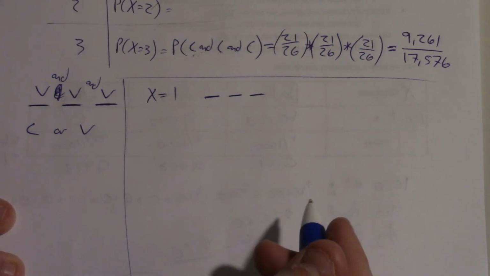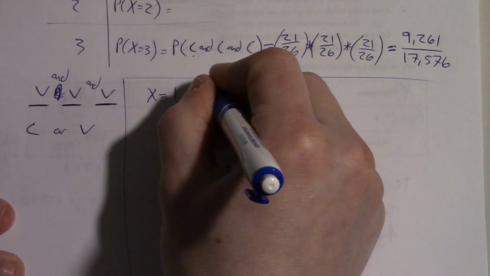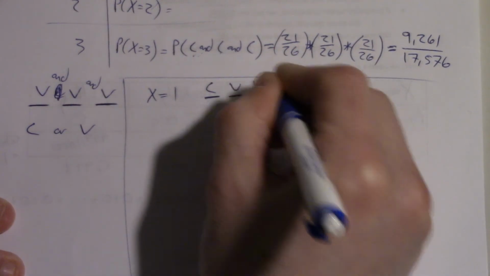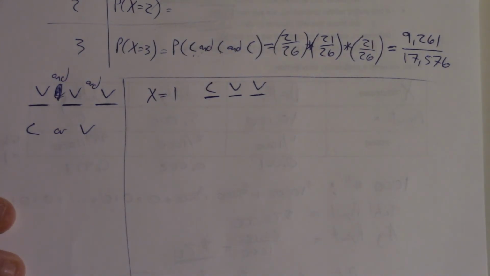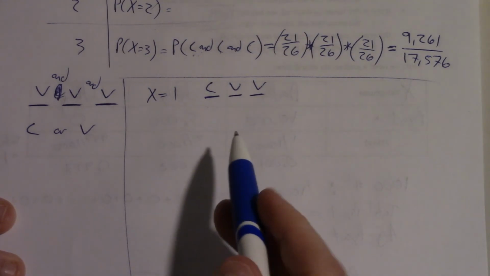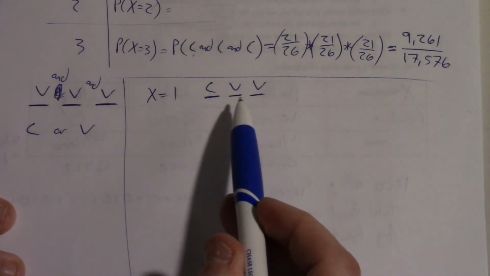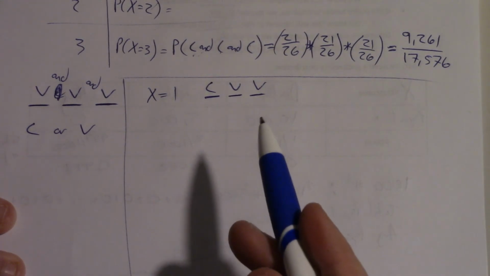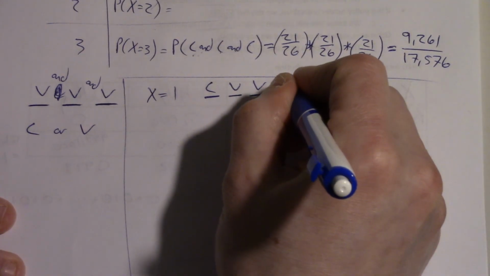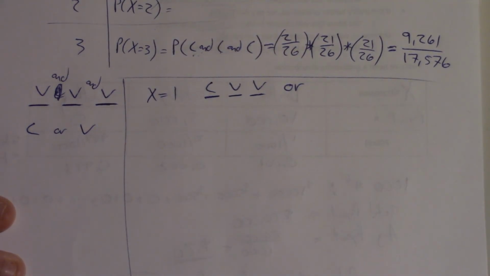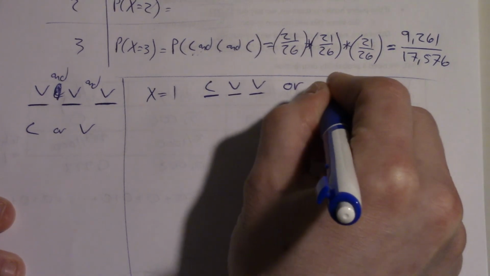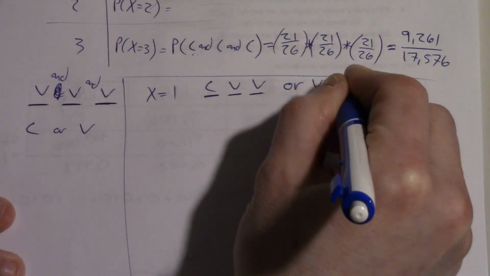That's it, just one. So we could have the consonant and then a vowel and then a vowel. But that's not it. There are other ways, other combinations that give us one consonant. So we have an or. Or we could have vowel, consonant, vowel.